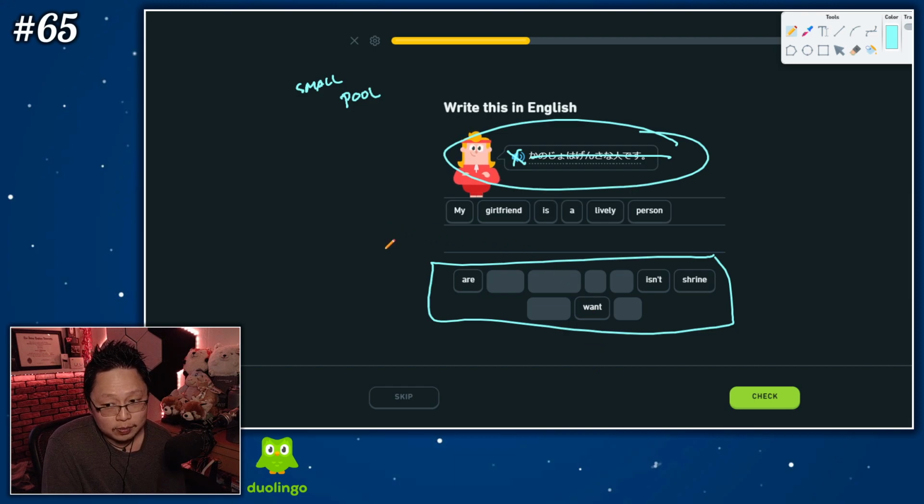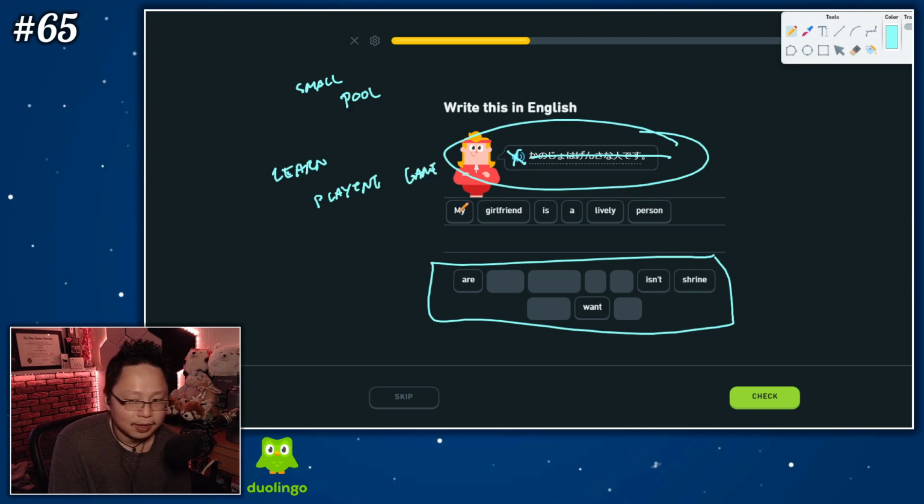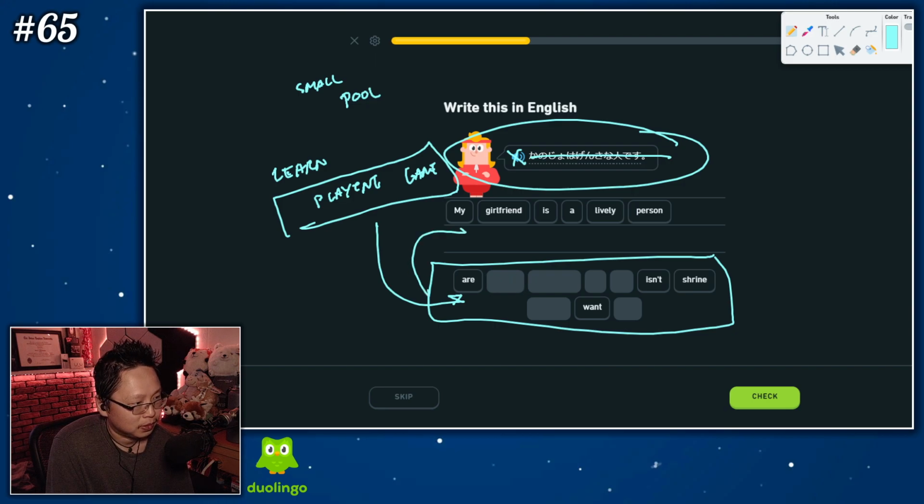That is a trap that can happen if you're using Duolingo to learn as opposed to playing a game. If you're playing a game, I know a lot of talented gamers in my life. They're really good at finding what to do to be successful. And they become so efficient that they stop learning new vocabulary. You don't have to learn new vocabulary to complete a Duolingo course.